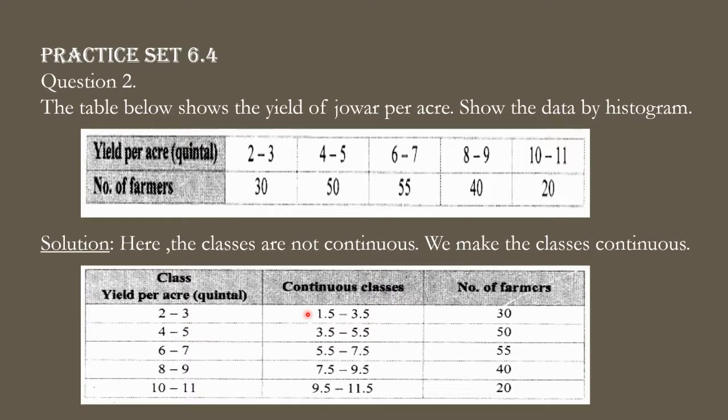The lower limit minus 0.5 and upper limit plus 0.5. Therefore, the first class becomes 1.5 to 3.5, 3.5 to 5.5, 5.5 to 7.5, 7.5 to 9.5 and 9.5 to 11.5. And number of farmers is also given, that is the frequency.